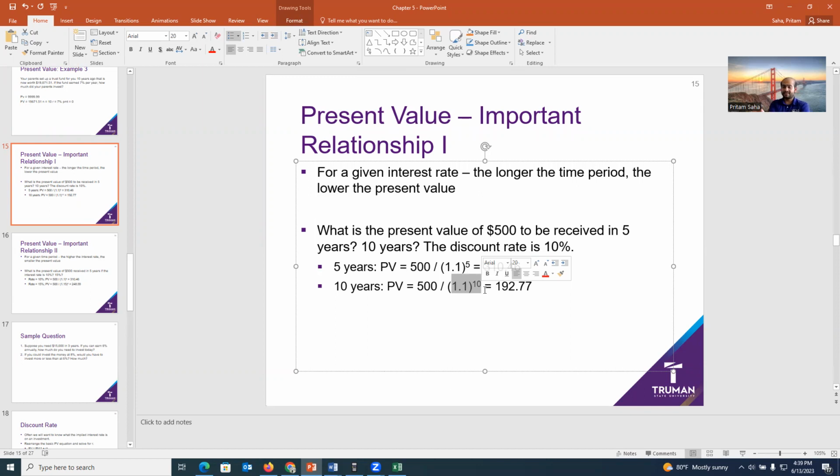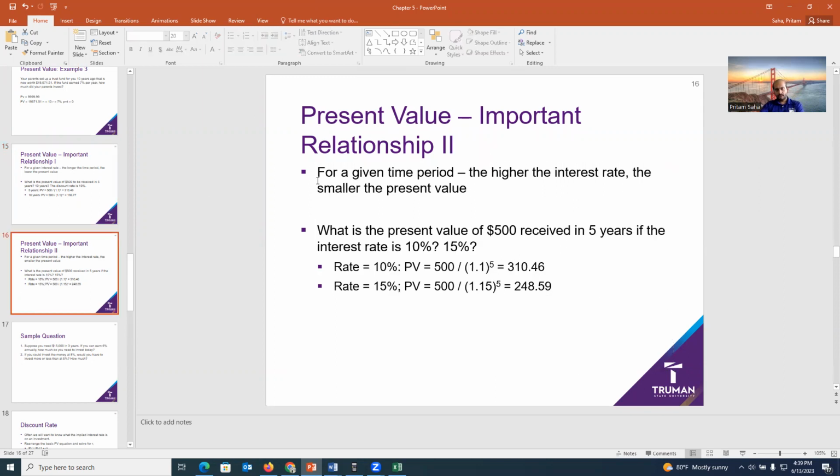In the first example I talked about, your friend can give you $100 today versus 1 year later. If your friend gives you the money later, you're losing the opportunity to earn some return. That's why the present value should be less. For a given time period and same future value, the higher the interest rate, the smaller the present value.